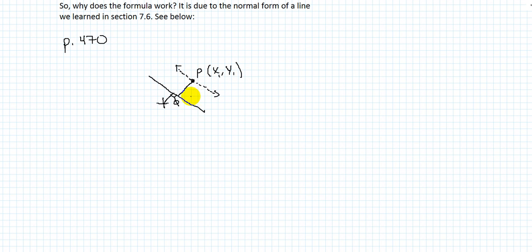But what they do is they go over, and I won't go into detail on this, but they explain how they're able to get the equation D equal to this right here. And just like in the last section where you learned polar form, that's where you see this. I'm actually doing this video before I cover this 7-6 in class, but by now you should know what the polar form of an equation looks like, and it's right here.